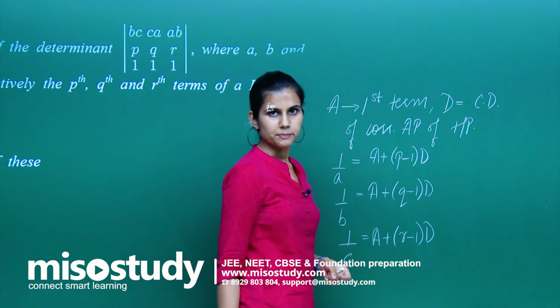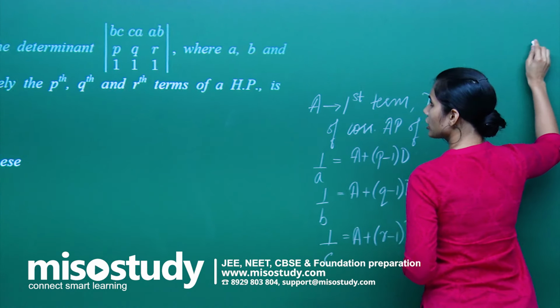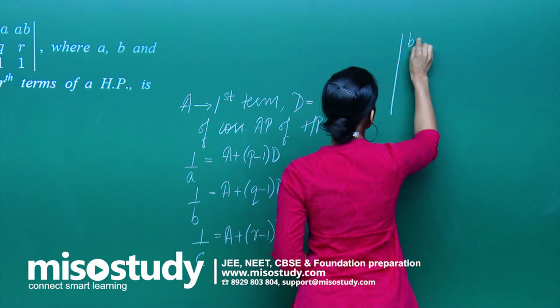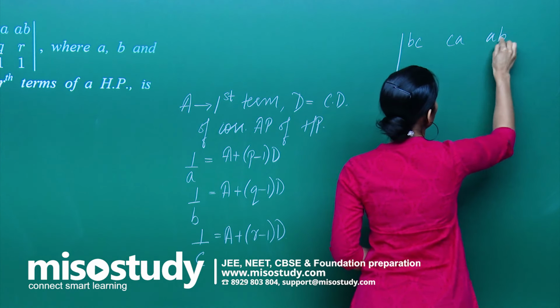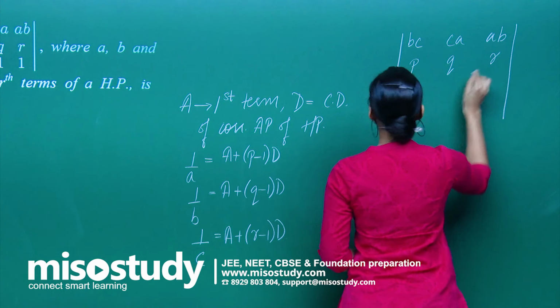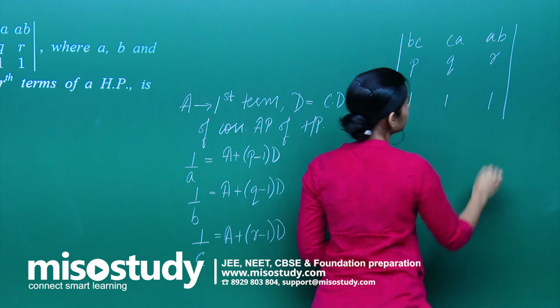of the corresponding AP. Now if I talk about this particular determinant, you have bc, ca, ab, and then you have p, q, r and 1, 1, 1.